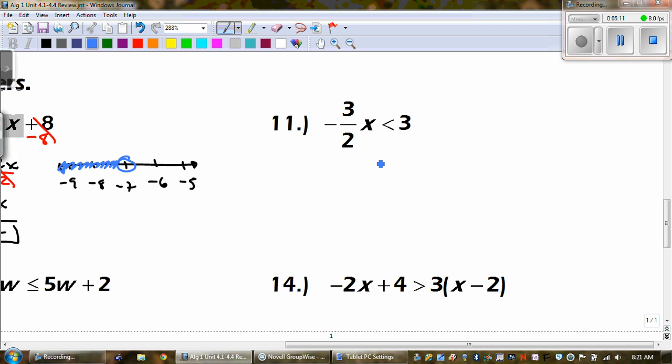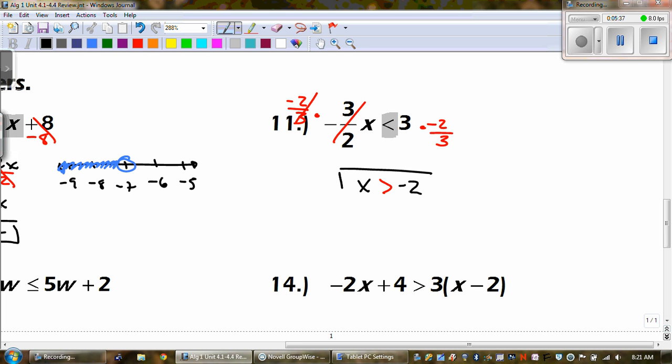All right, number 11. To get the x by itself, you need to multiply by the reciprocal. Those cancel. We're left with x. 3 times -2/3 is -2. And we just multiplied by a negative, so we have to flip the sign.